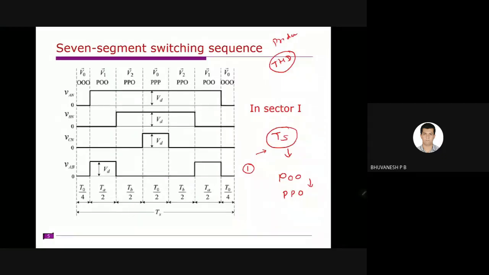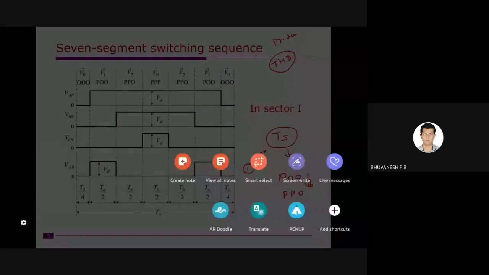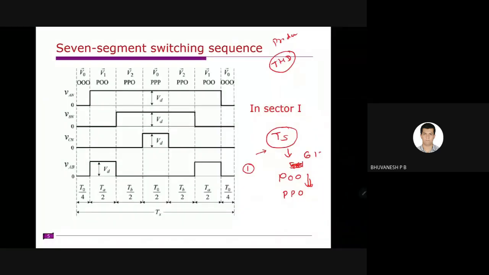Here I assume that this corresponds to 612, and this corresponds to 123, in the 180-degree mode of operation. So when it is changing from 612 to 123, there must be only one change in the output voltage.